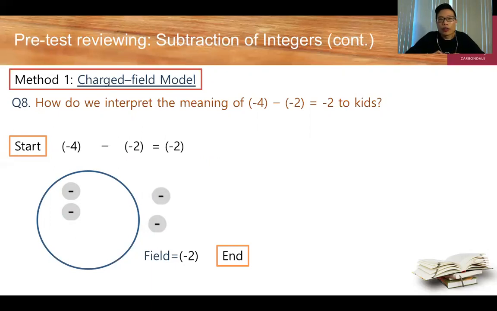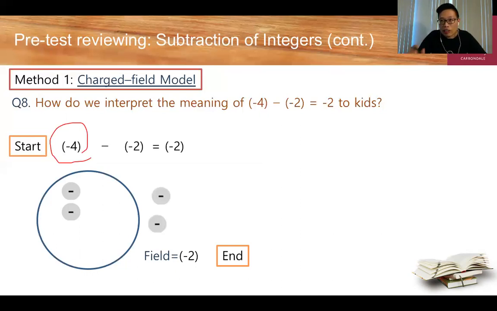However, as I mentioned before, some of you use money or apples as a story, but most of the time it can be used when the minuend is a positive number. Like in this case, the minuend is a negative number, right?